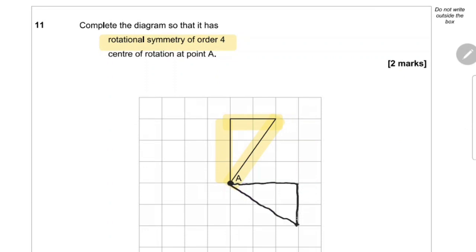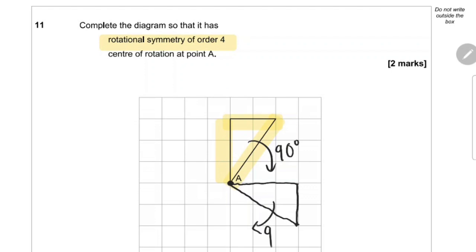Obviously you're not going to have a mirror to help you with any symmetry in the exam, so you have to use your imagination a little bit, and it might actually be easier at first to do the 180 degree rotation. So this is a rotation of 90 degrees, and then because we have to do the rotational symmetry of order 4, we're going to have to draw in 2 more shapes, because obviously we've already got the first shape drawn in for us.